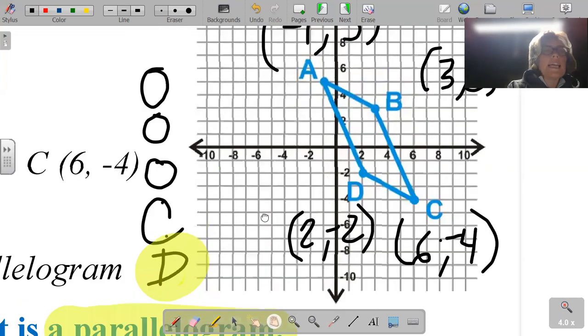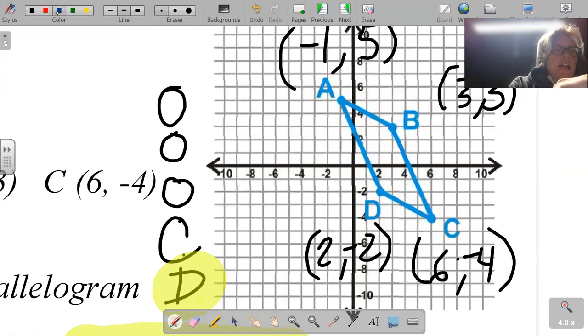We're going to draw in the diagonals. Corner to corner, AC. Corner to corner, BD.